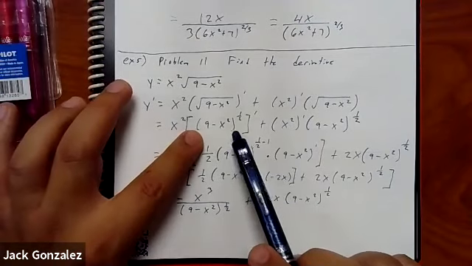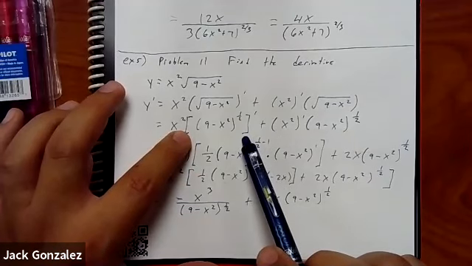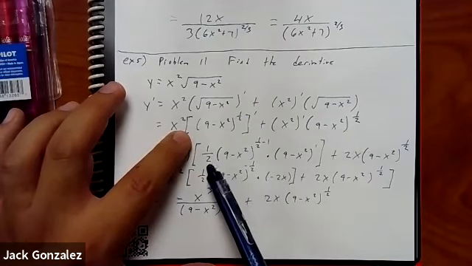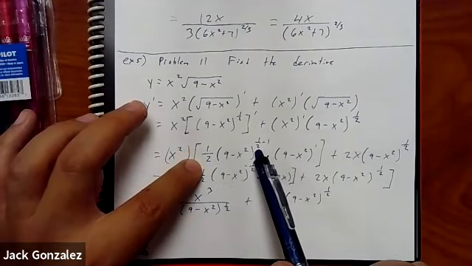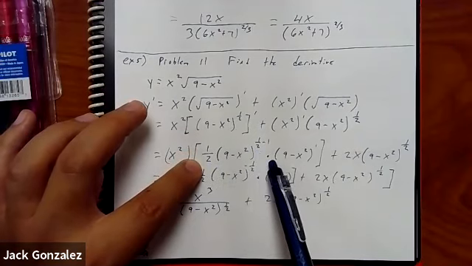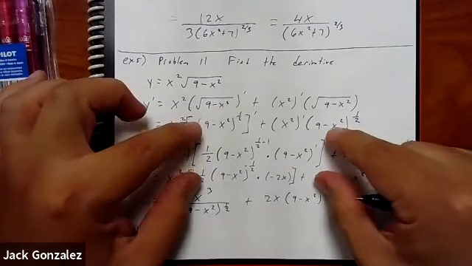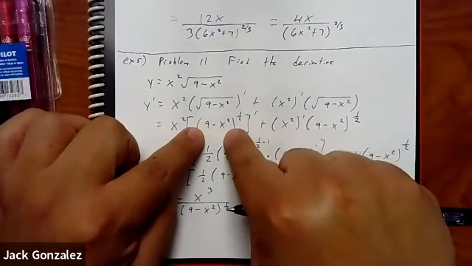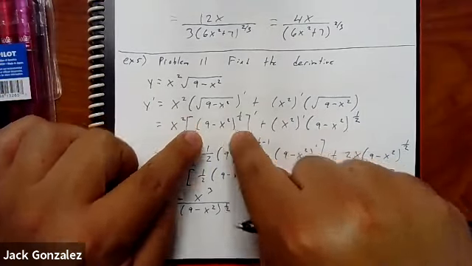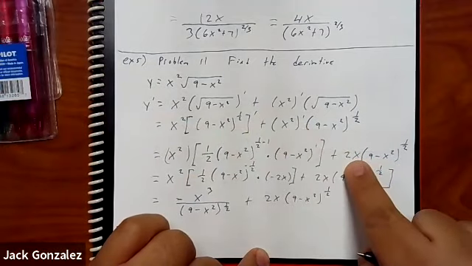All right, so see how there's a quote on here, right? We need to get rid of this guy. So you take the 1/2 down, as we did here, and then you subtract by 1. Then the chain rule says you multiply by the derivative of the inside. So that's where this whole thing came from. That's the chain rule for this derivative right here. And then we did the derivative of this one, which is 2x.